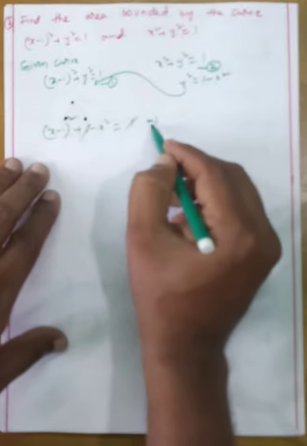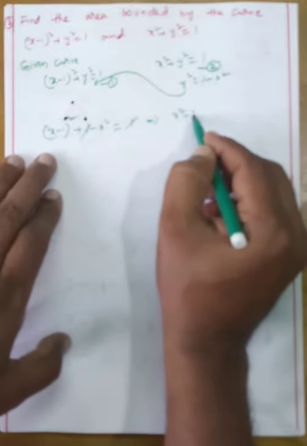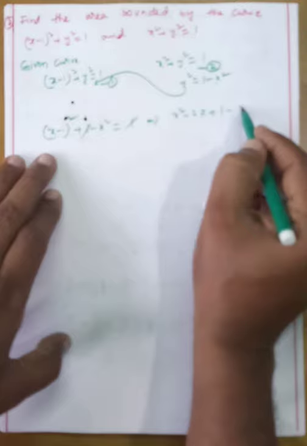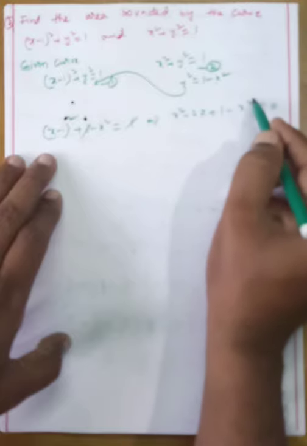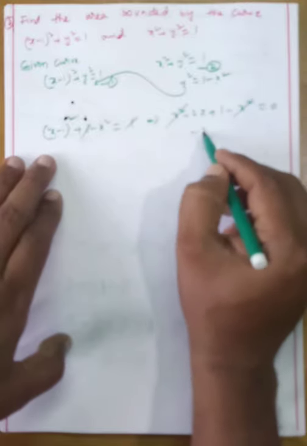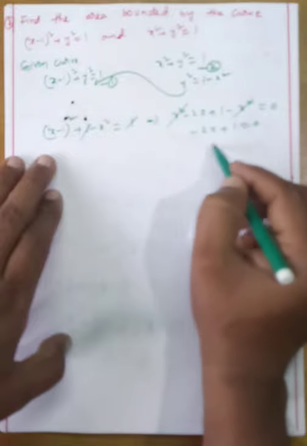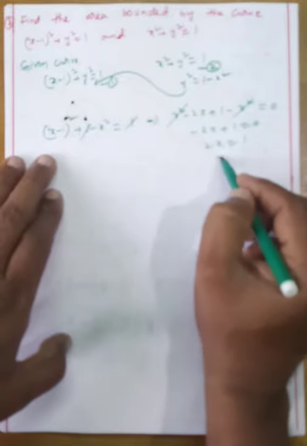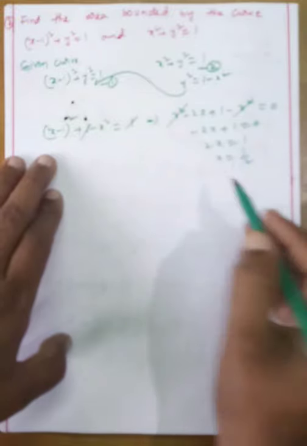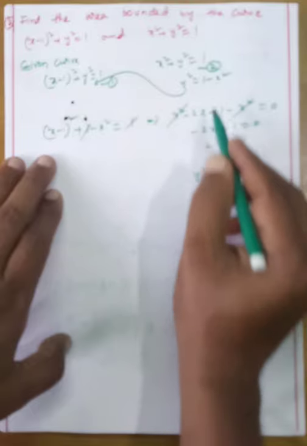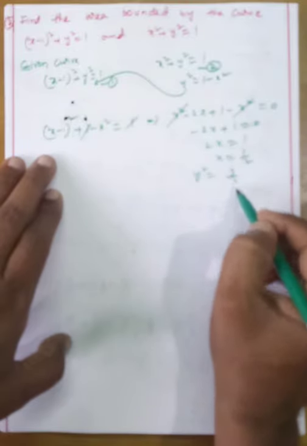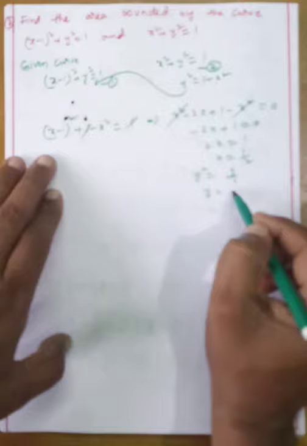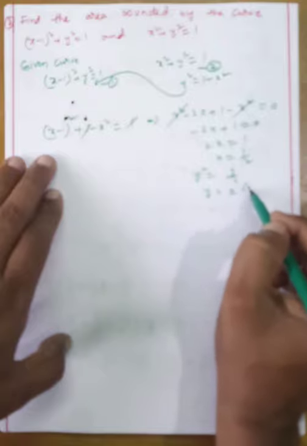Using the (a minus b) whole square formula: x square minus 2x plus 1 minus x square is equal to 0. Minus x square plus x square is 0. Minus 2x plus 1 equal to 0. Now 2x is equal to 1, x is equal to 1 by 2. With x equal to 1 by 2, what about y? y square equal to 1 minus 1 by 4, which means 3 by 4. y equal to plus or minus root 3 by 2.